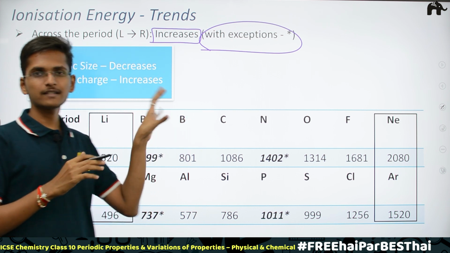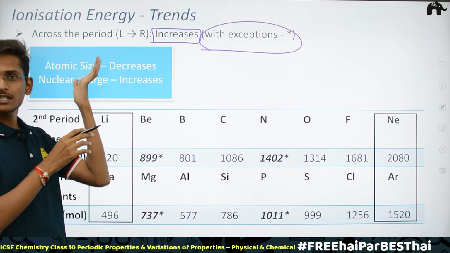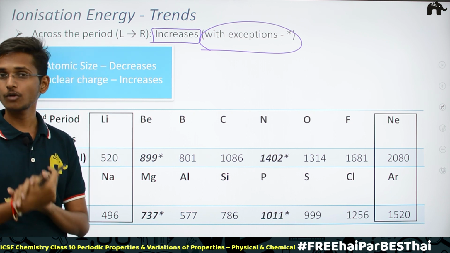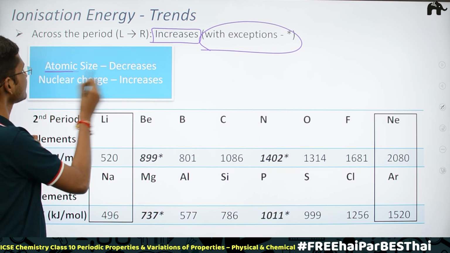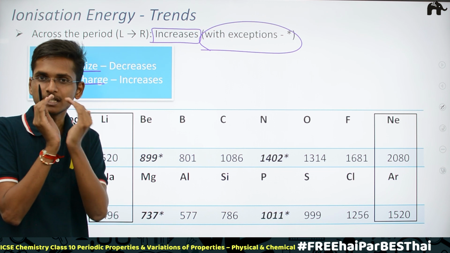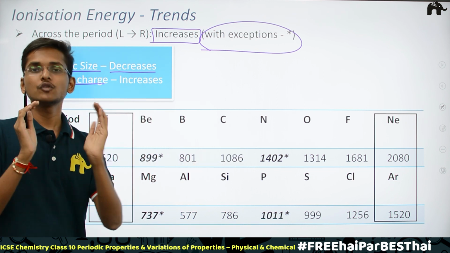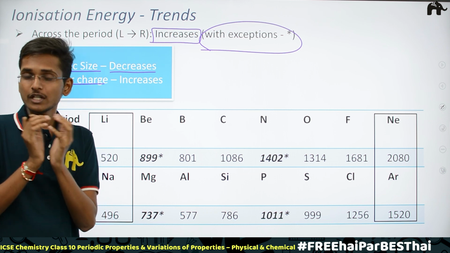The same type of answer: ionization energy depends on two factors, atomic size and nuclear charge. When we move across the period from left to right, we know atomic size decreases, and since atomic number increases, we know nuclear charge increases.